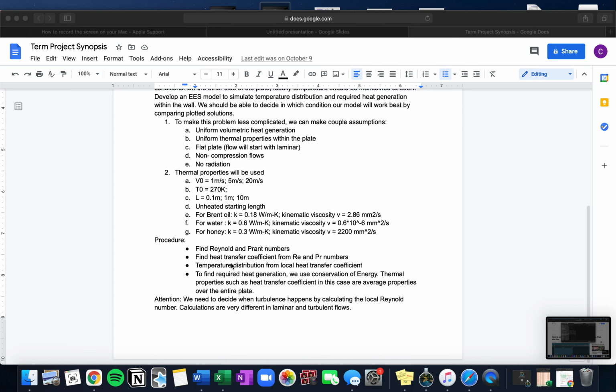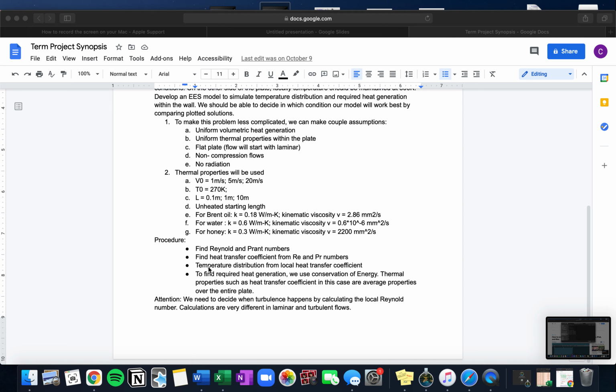So the procedure is: step 1, find the Reynolds and Prandtl numbers. Step 2 is to find the heat transfer coefficient from the Reynolds and Prandtl numbers that we found in step 1. Step 3 is actually optional.